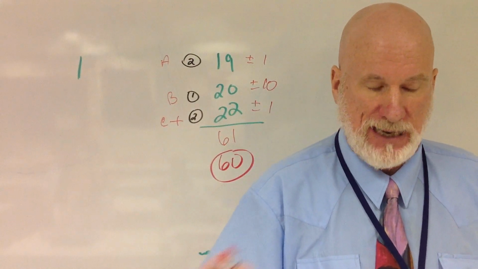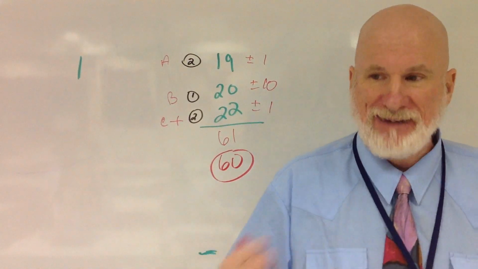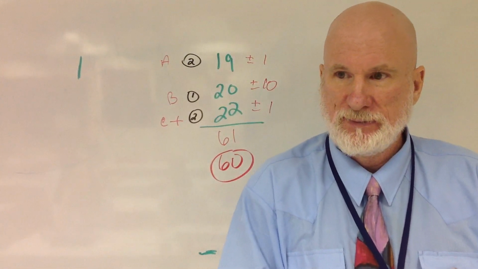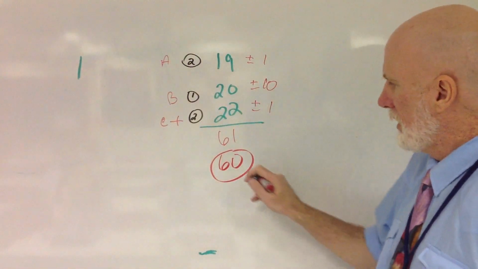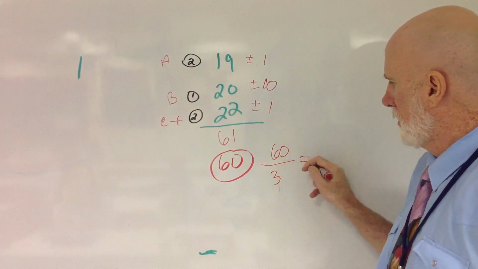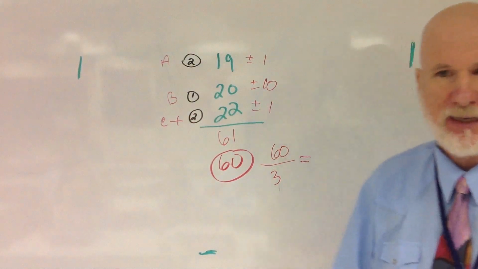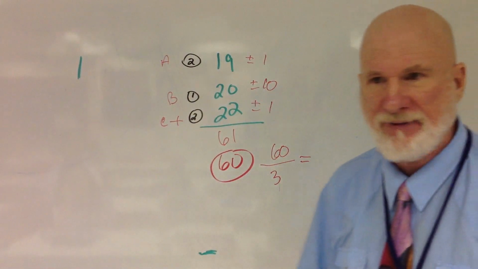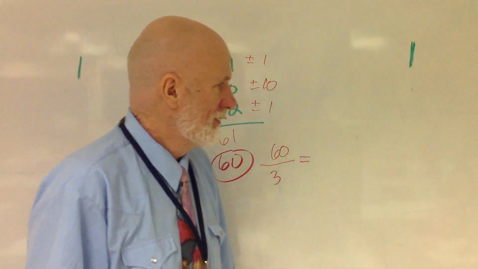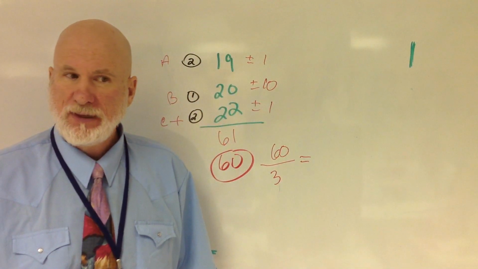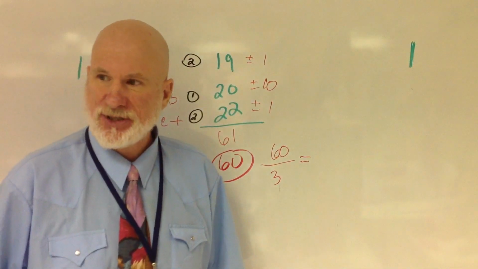Now, when you find an average, that's the same thing as a conversion. So, if I'm going to divide this by 3, I have one significant figure in the number 60. So therefore, I have to have one significant figure in the answer. So what's the answer?